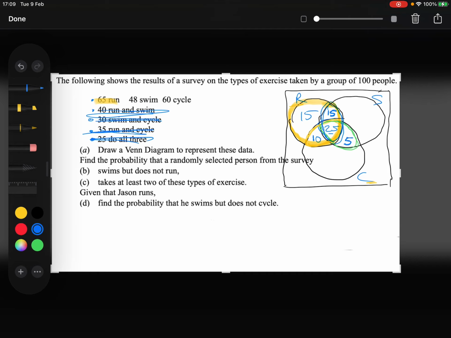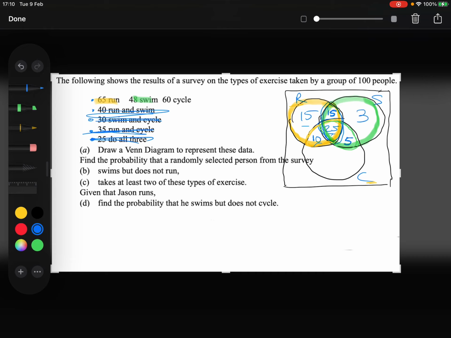And just double check this for yourself. Everybody inside that yellow circle, if you add up the 15, the 25 and the 10, you should get 65. Similarly, 48 people swim. So there should be 48 people in that circle. So if I do 48, take away 15, take away 25, take away 5, I'll get 3.